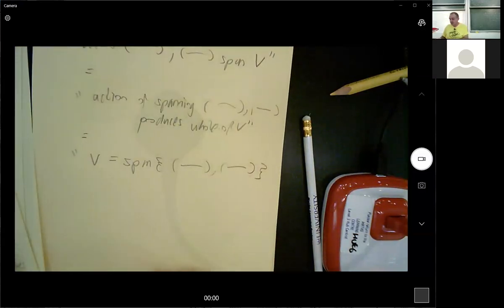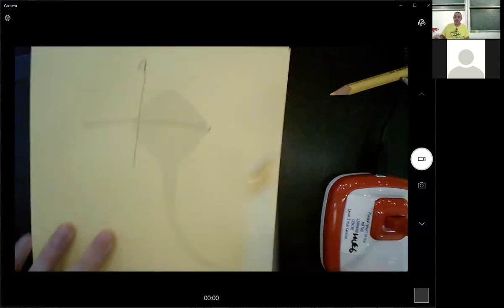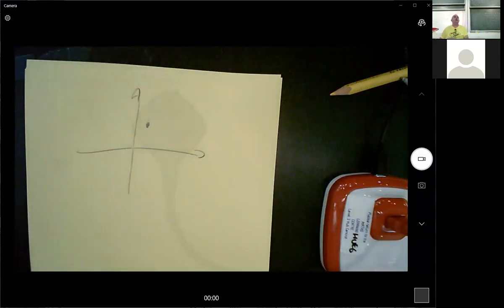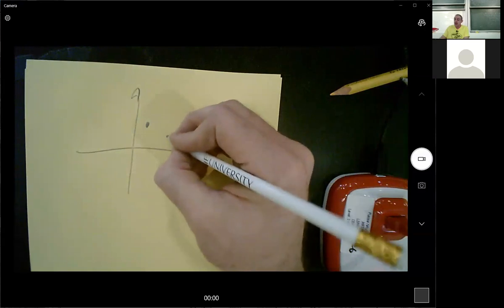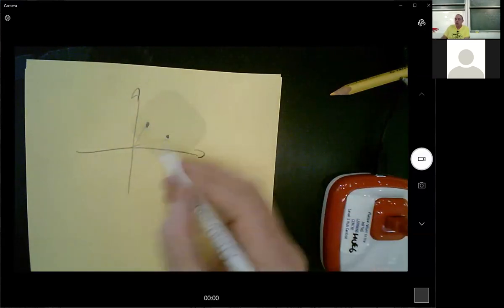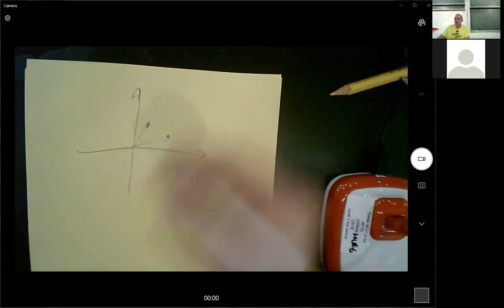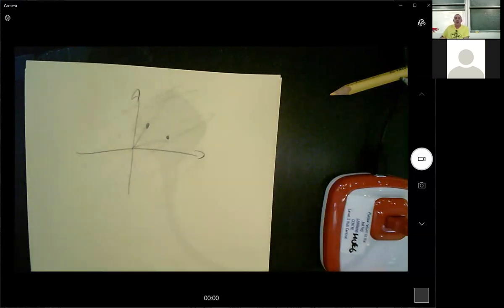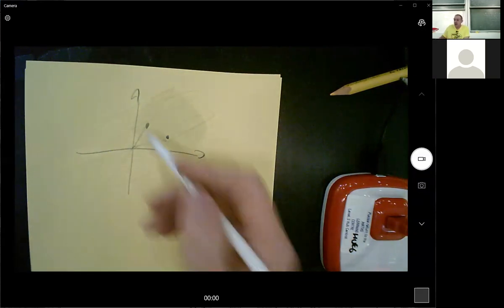So, we had vectors which were points. And with these points, we were allowed to add them and do scalar multiples. And if I get 2 of them or any number of them, and I do all the scalar multiples and all the addition, it will create a set. And that set is called the span of these vectors.